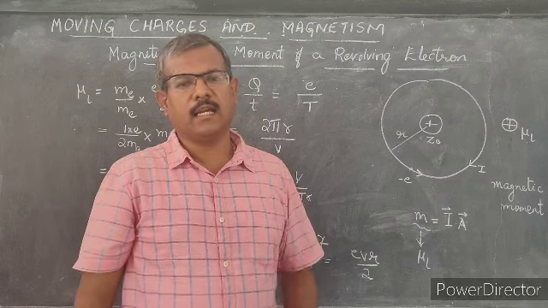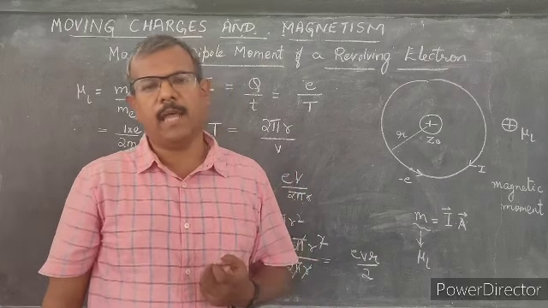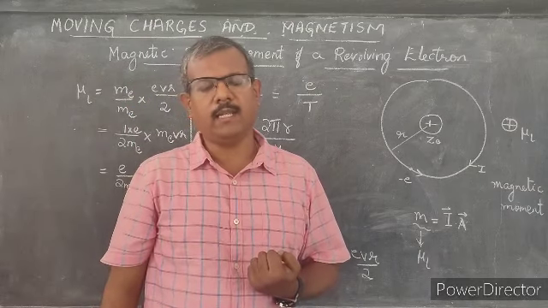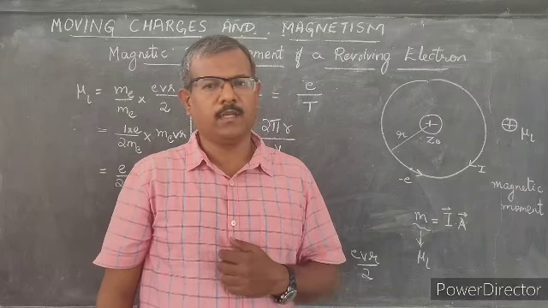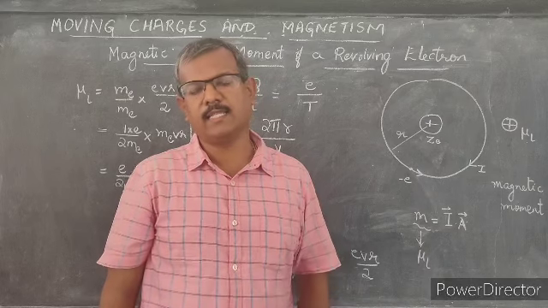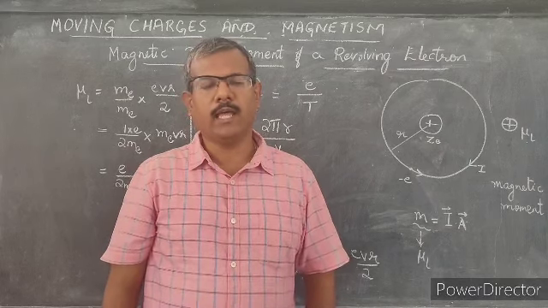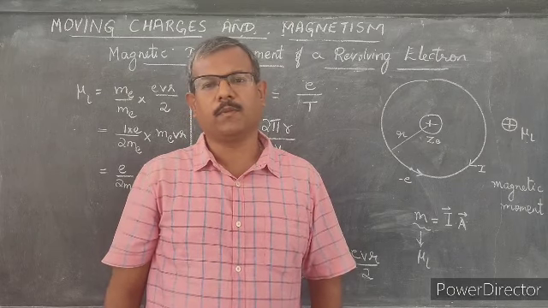is a term which you have studied back last year. For any particle executing uniform circular motion, the product of mass, velocity and radius gives you a quantity known as angular momentum.